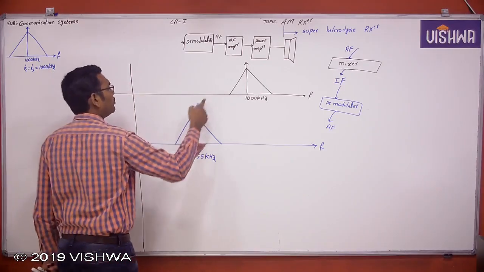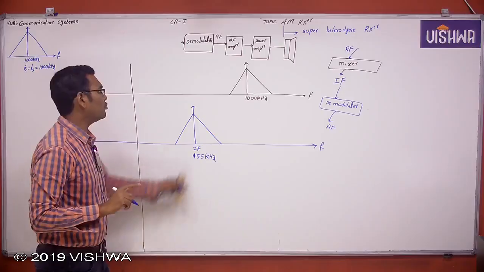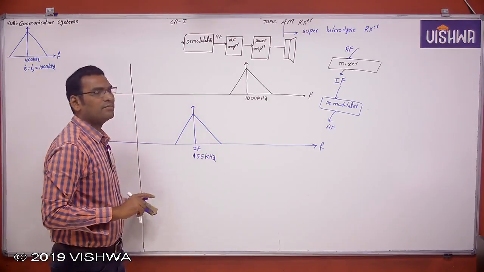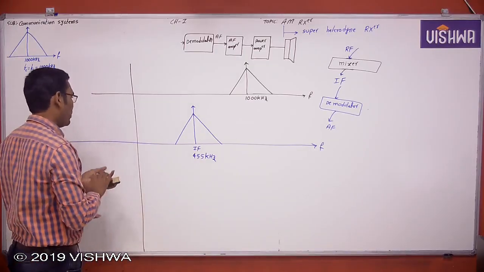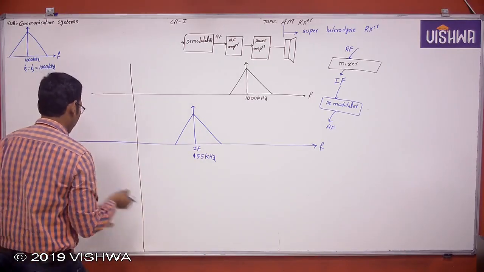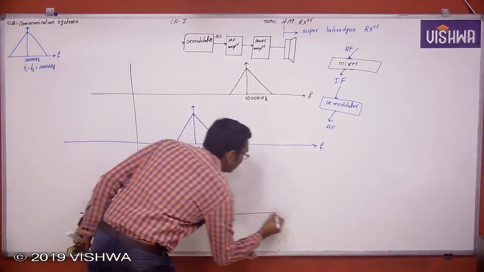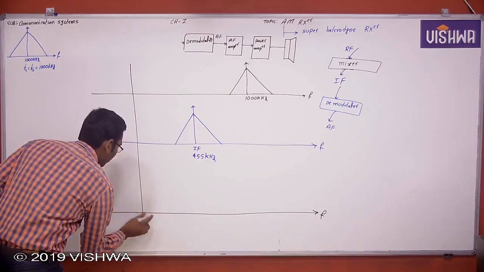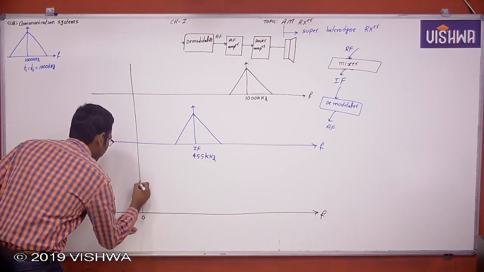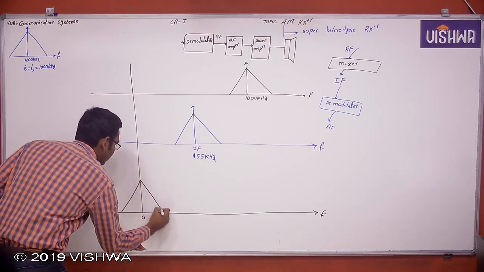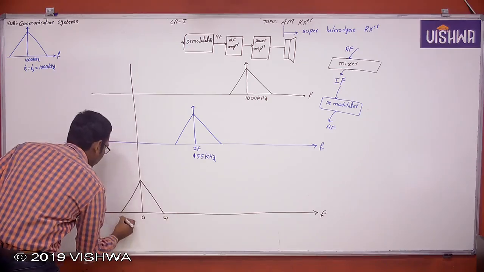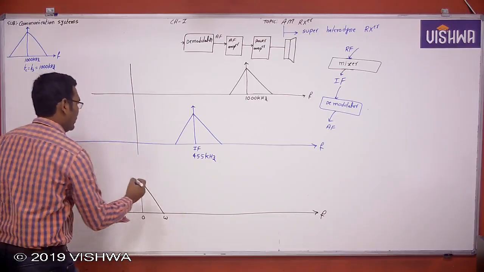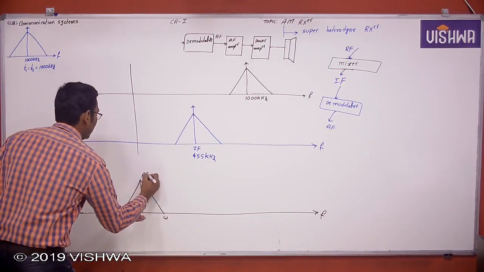Now from here to here the job is the mixer. The mixer is used to down convert the signal. From the down converted IF stage to the AF stage is the demodulator. After the demodulator, you get back the low frequency information signal, which is nothing but the AF signal. Clear? Now this is the AF signal.